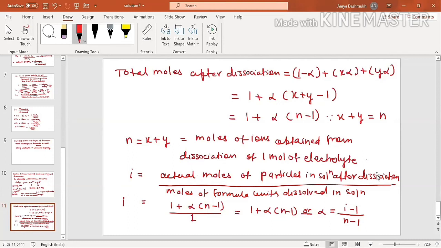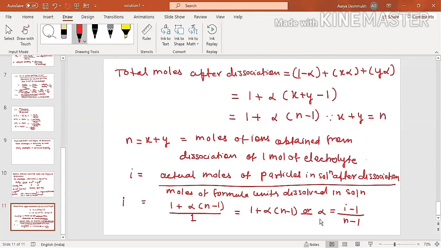The numerator is nothing but 1 plus alpha into n minus 1. And what is this 1? This is the moles of formula unit dissolved in solution because we have taken 1 mole. So it can be written as 1 plus alpha n minus 1 divided by 1, which is the same. So alpha equals i minus 1 upon n minus 1.